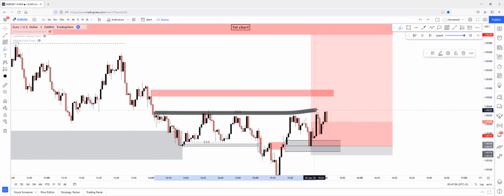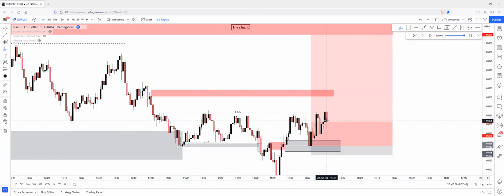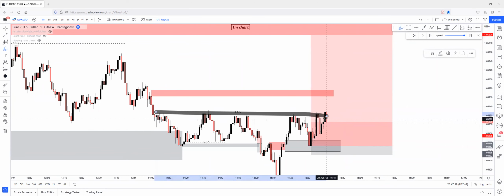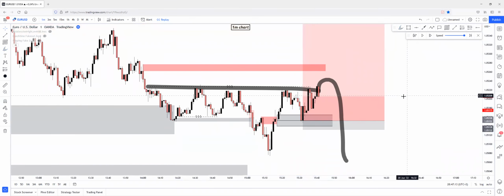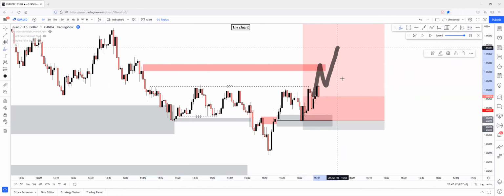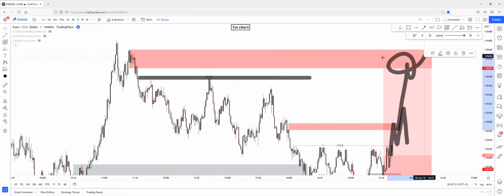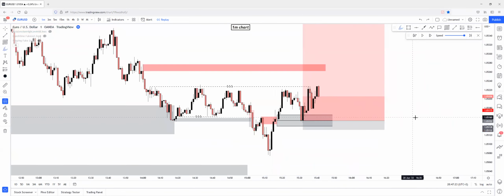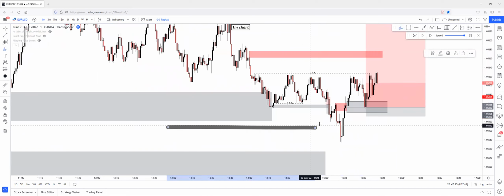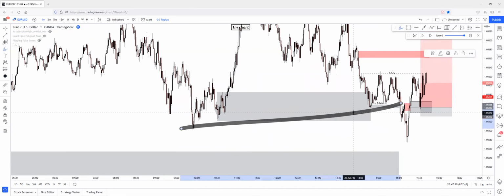Why? Because if this amount of liquidity can't reverse price to the downside, and can't reverse the trend, then I believe if this supply zone breaks, we'll see the sweep of this upside liquidity too, and the tap of this supply zone, because a huge amount of liquidity has been swept on the downside, on the long side, and this higher time frame liquidity is much more than this lower time frame liquidity.